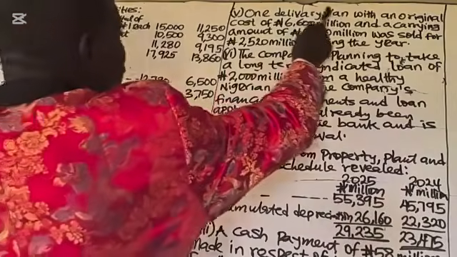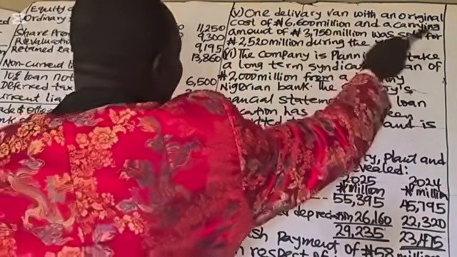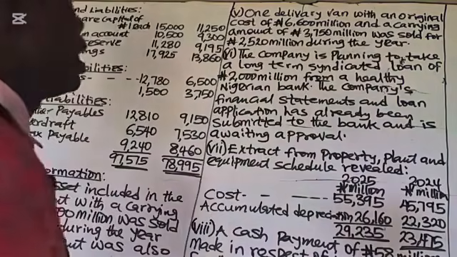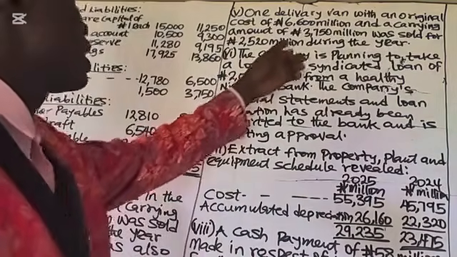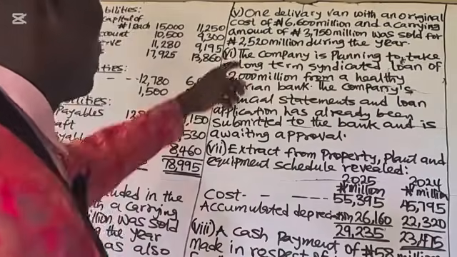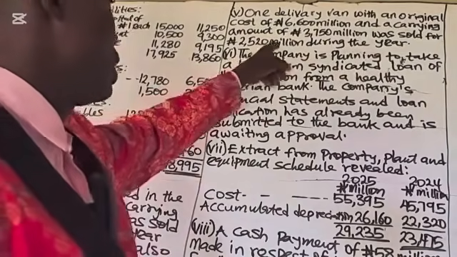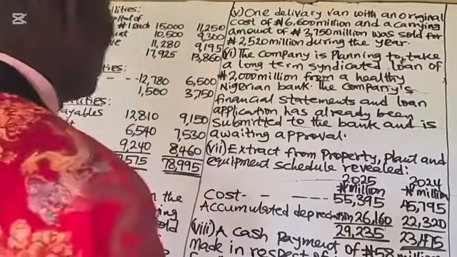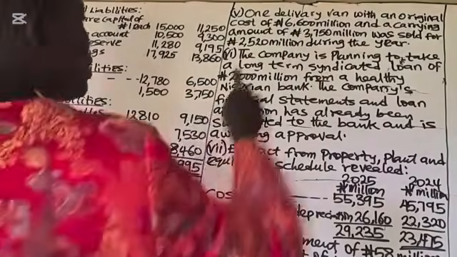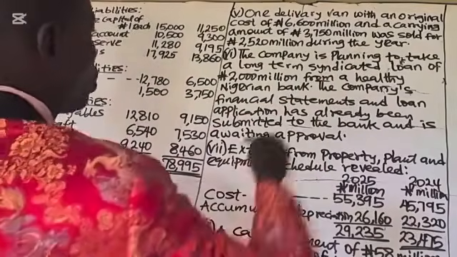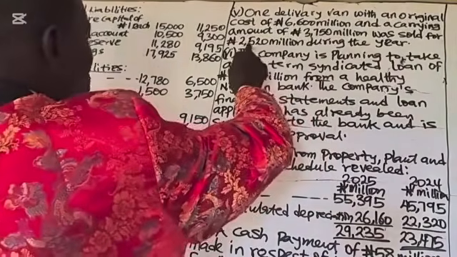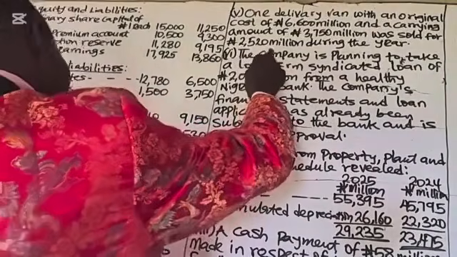Note 5. One delivery van with an original cost of 6.6 billion and a carrying amount of 3,750 million was sold for 2,520 million during the year. So the carrying amount of the delivery van sold is higher than the proceed. The proceed is 2,520 million.